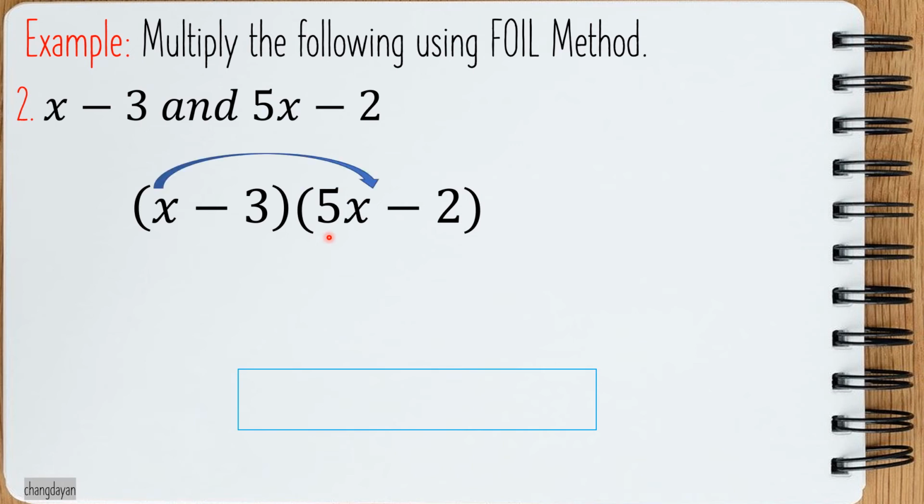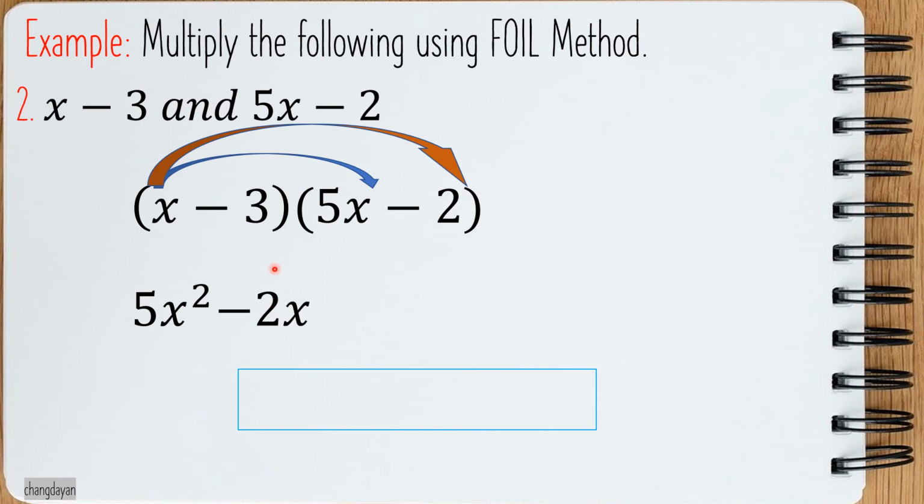So, you have x times 5x. That is equal to 5x squared. Next, the outer term. So, our outer term here is x and negative 2. Multiply. And you'll get negative 2x.